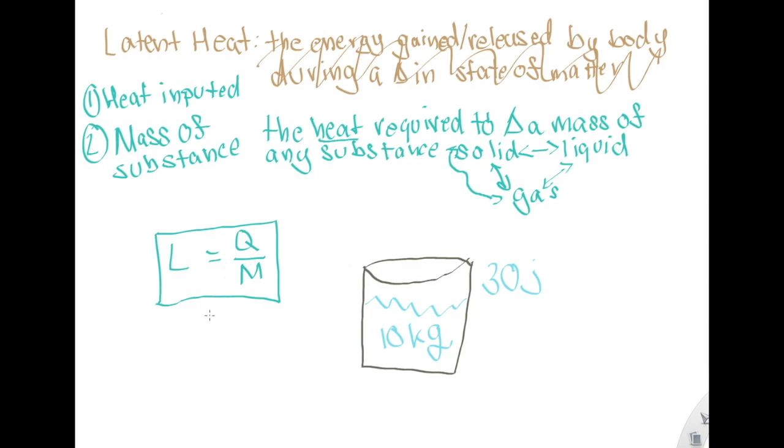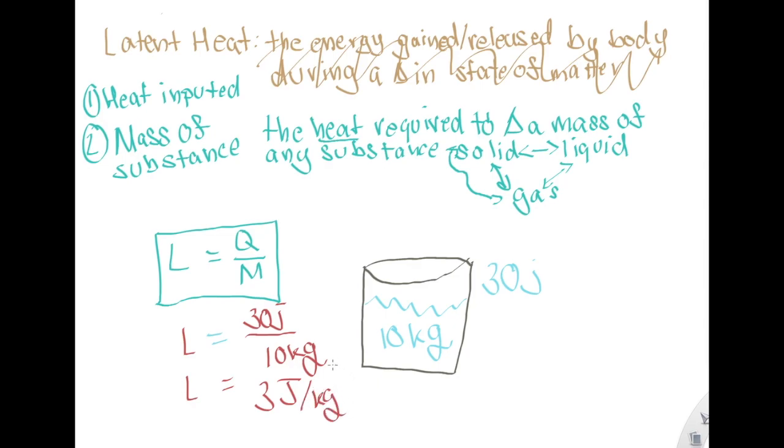If we plug this back into our equation, we're going to put the mass on the bottom, so we're going to have 10 kg, and we're going to have 30 joules up at the top. And from this, we can see our latent specific heat is 3 joules per kilogram.